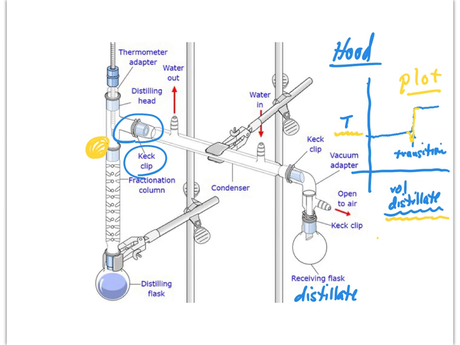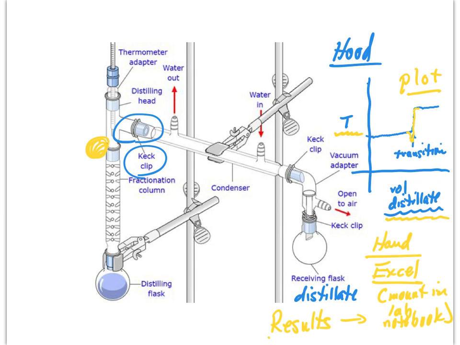Now, you can do this by hand after lab on some graph paper, or you can do it in something like Excel and then print, cut out and mount it in your lab notebook. Okay? But this should be part of your final results after doing any distillation.